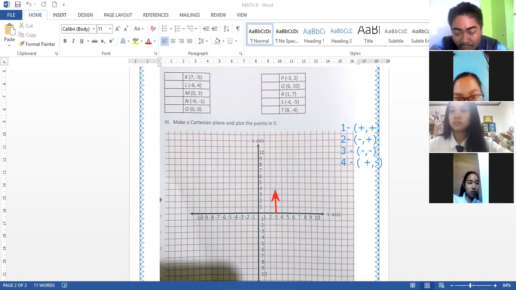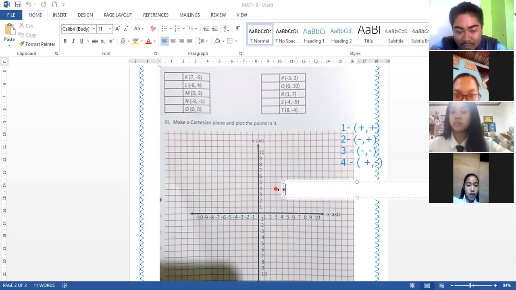Therefore, yung dot mo andito. So, gagawin mo lang dyan, lagyan mo lang siya ng dot na ganyan. And then, sulat mo lang sa tabi niya, this is letter A. Ganyan lang, okay?